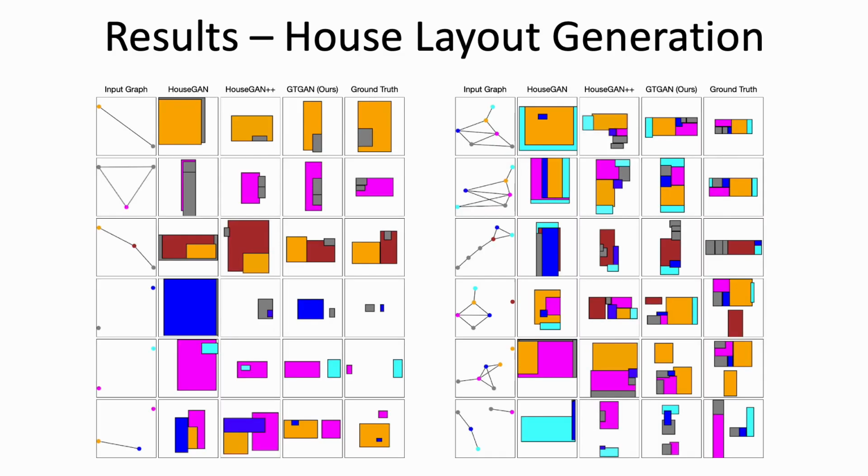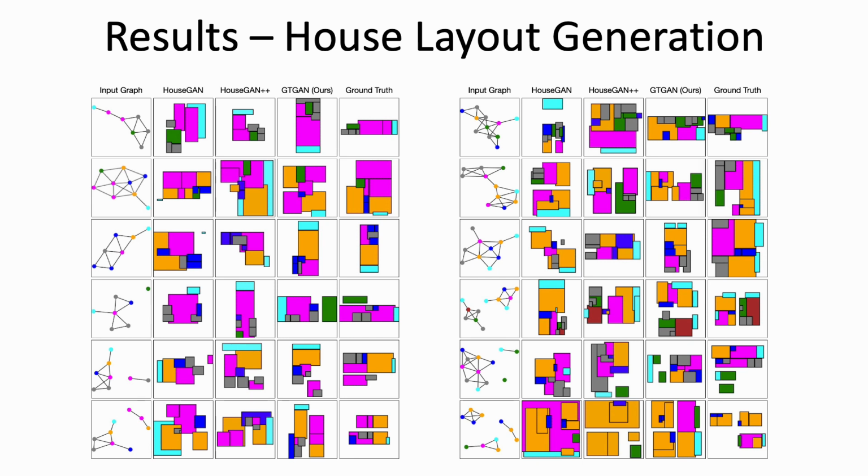So we compare GTGAN with the most related methods on house layout generation. The visualization results on the 5 subsets are shown in these figures. It is easy to tell that GTGAN generates more realistic and reasonable house layouts than the leading methods, namely HouseGAN and HouseGAN++.